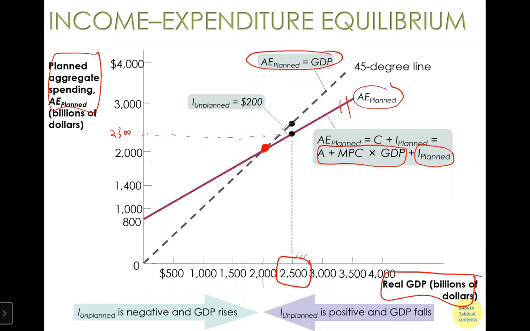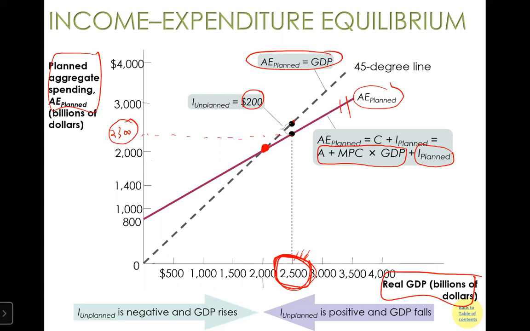As you can see, there is a gap of 200. What does that mean? We expected an income of 25, and we produced 25. So this is supply. But it turns out the actual spending, the actual demand, is 23,000.